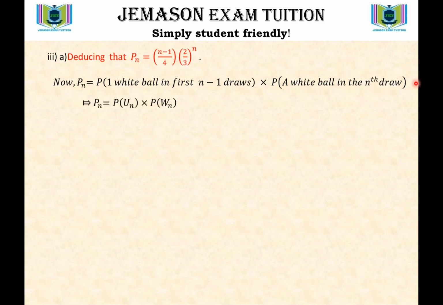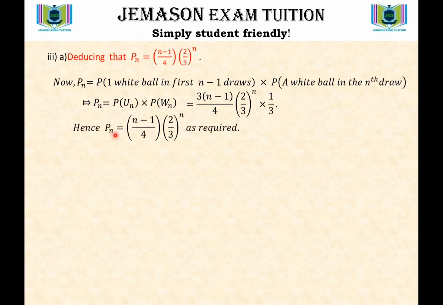The probability of the first event corresponds to P(U_n), which we got from the previous part, and the probability of the second event corresponds to P(W_n), which we also had in the previous part. And so this gives 3(n-1)/4 times (2/3)^n times 1/3, which simplifies to give P_n as (n-1)/4 times (2/3)^n, as required.